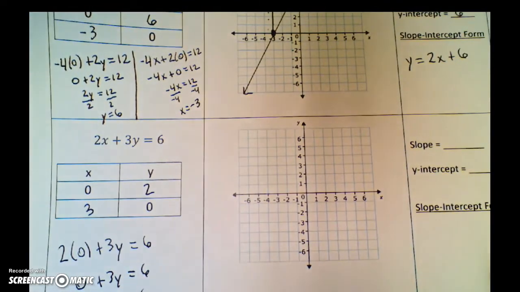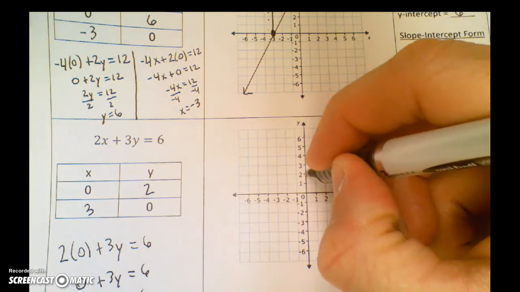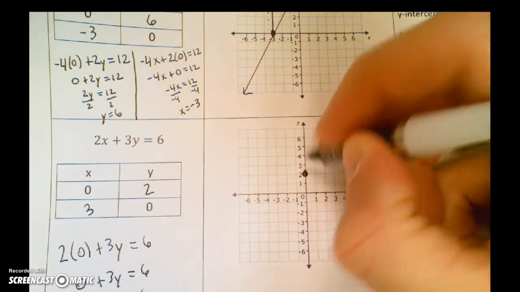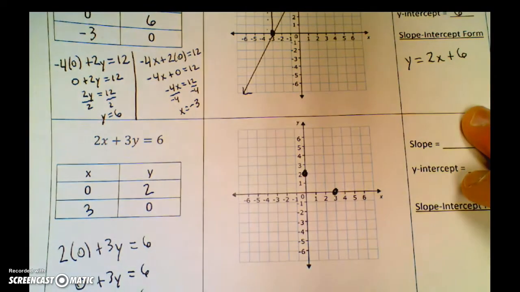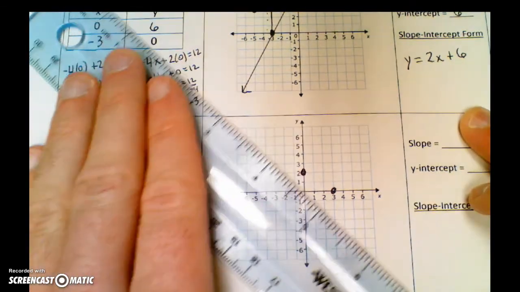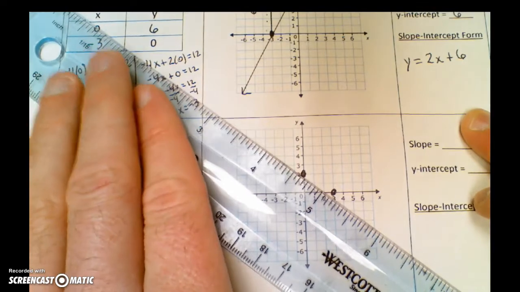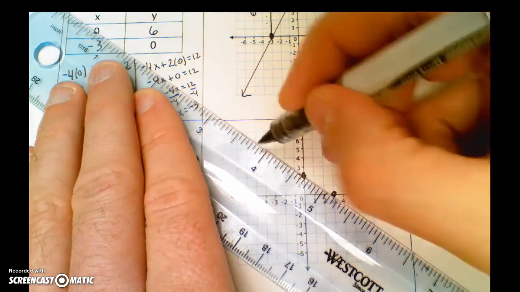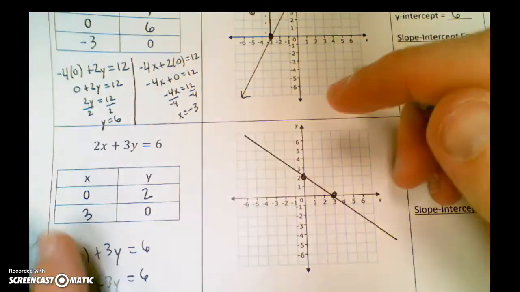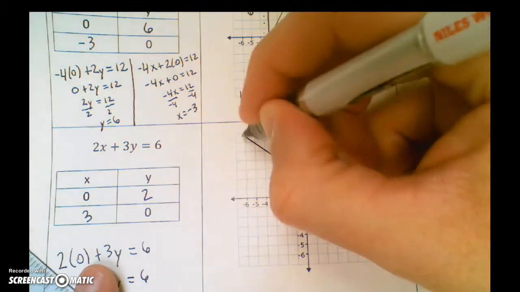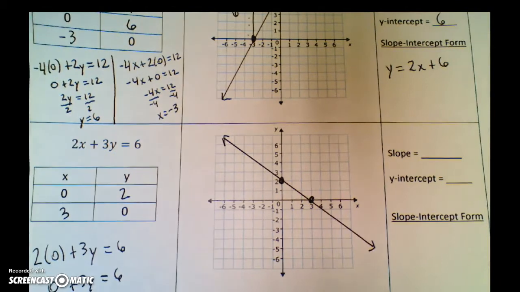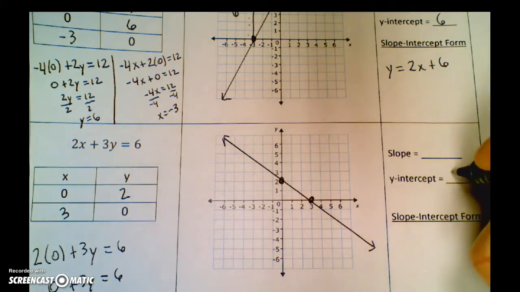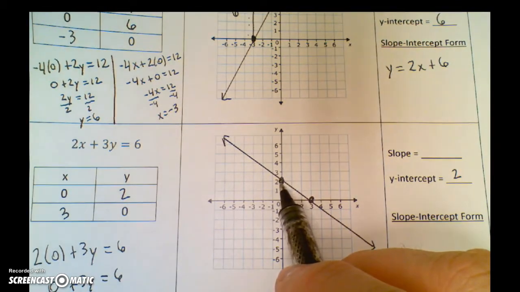I'm going to graph those points onto the graph to the right. So I've got (0, 2), which is on the y-axis, that's my y-intercept, and (3, 0) is my x-intercept. Remember, just by looking at the graph, you can tell me some things, and right now I can see that this is going to be a negative slope because the line is going down. So I know my y-intercept is 2, because that's where it's crossing the y-axis.